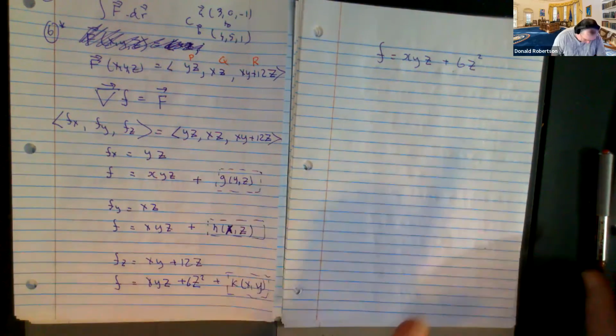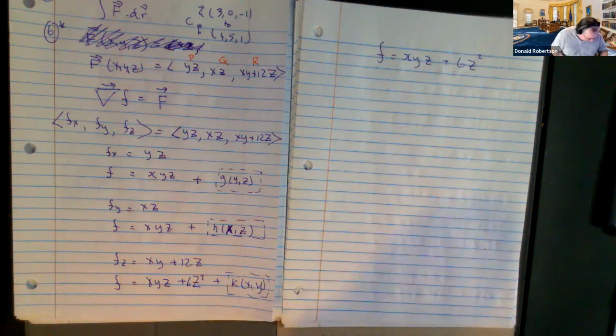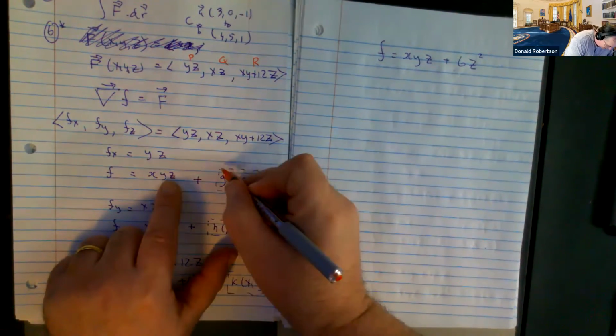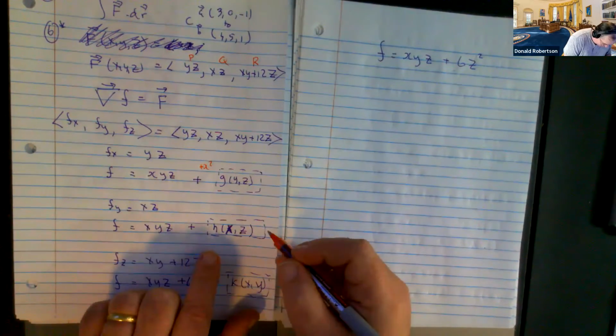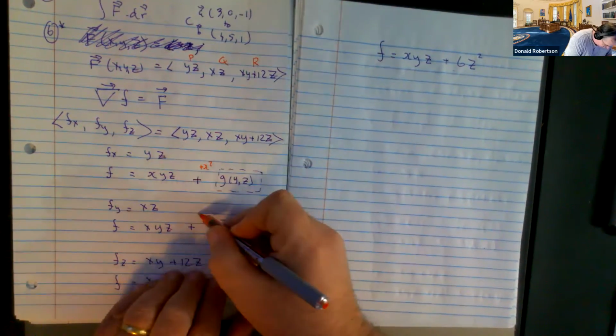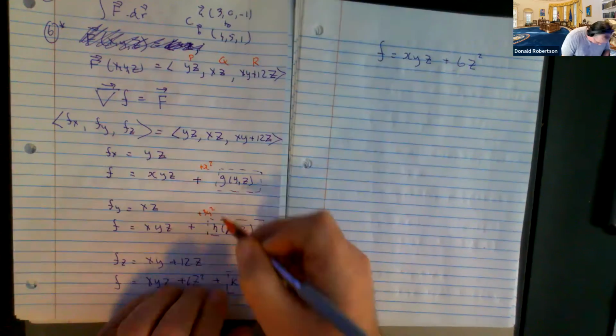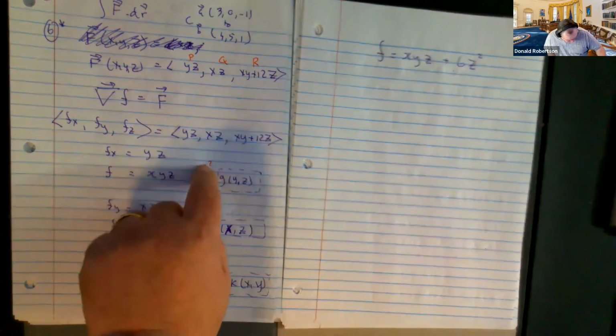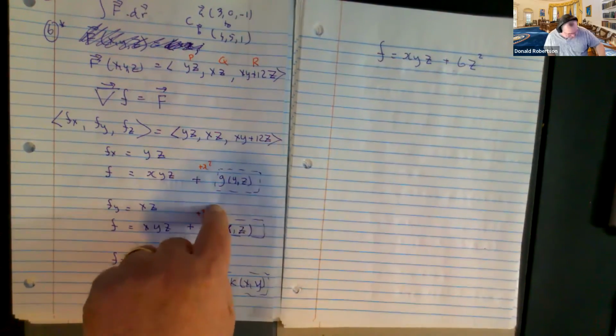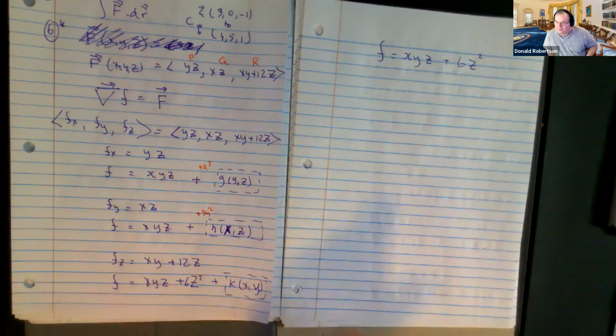Now, that is the correct answer for this, but let's just pretend that this one was XYZ plus X squared and some stuff, and this one was plus 3Y squared and some stuff. Wouldn't the answer be XYZ plus X squared plus 3Y squared plus 6Z squared?